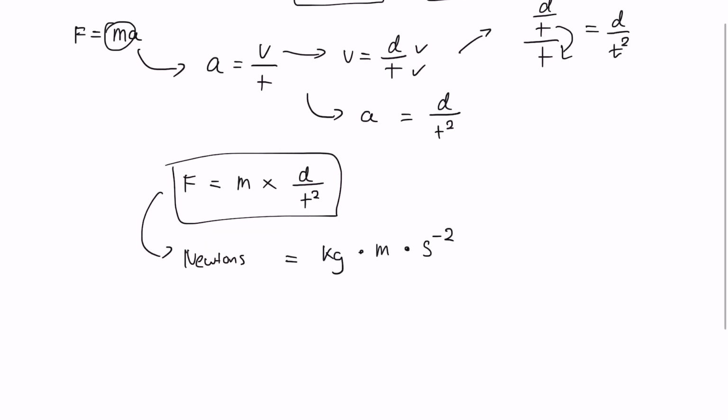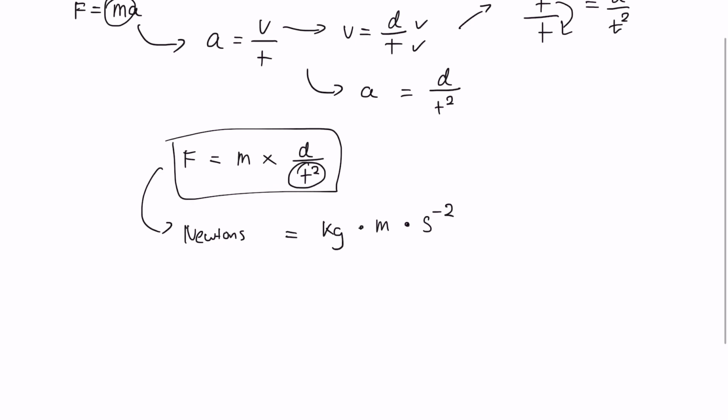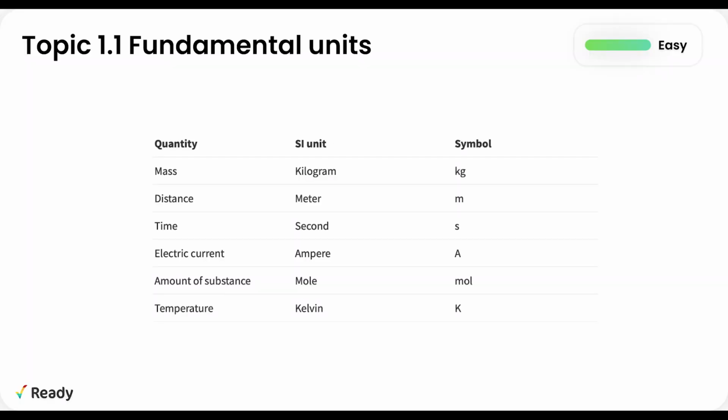It's to the power of minus 2 because it's divided by t to the power of 2. And for time, the unit is seconds. Now we can perform a check: kilograms is a fundamental unit, meters is a fundamental unit, and so is seconds, which means our final answer, newtons, can be expressed as kg m s to the power of minus 2.